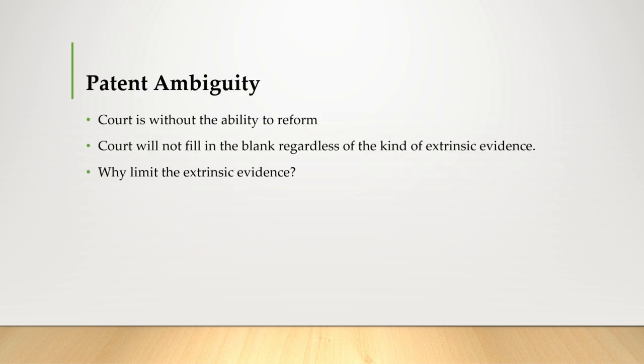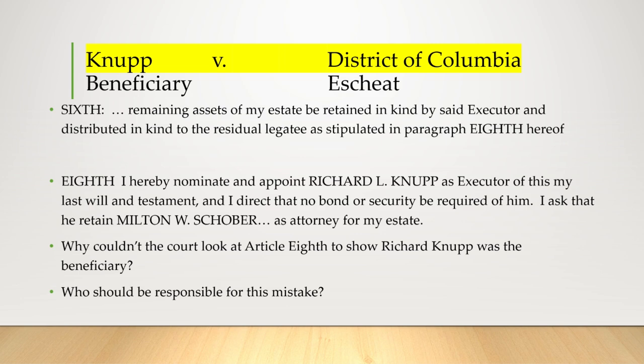Patent, again, obvious from its face. Why are the courts reluctant to reform them? Why won't the courts fill in the blanks? Why limit extrinsic evidence in terms of a patent ambiguity? Take a look at Knupp. That's a patent ambiguity. The courts would not entertain extrinsic evidence to try to get the property to Richard L. Knupp, who was named as an executor in Provision 8th.